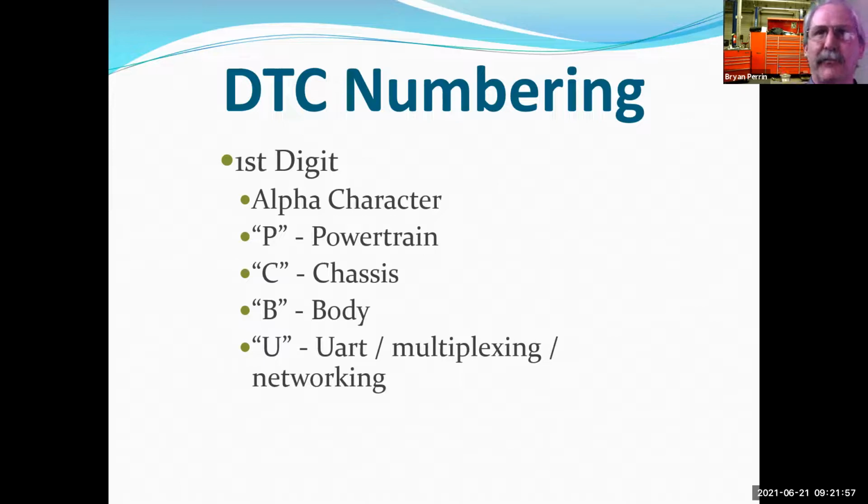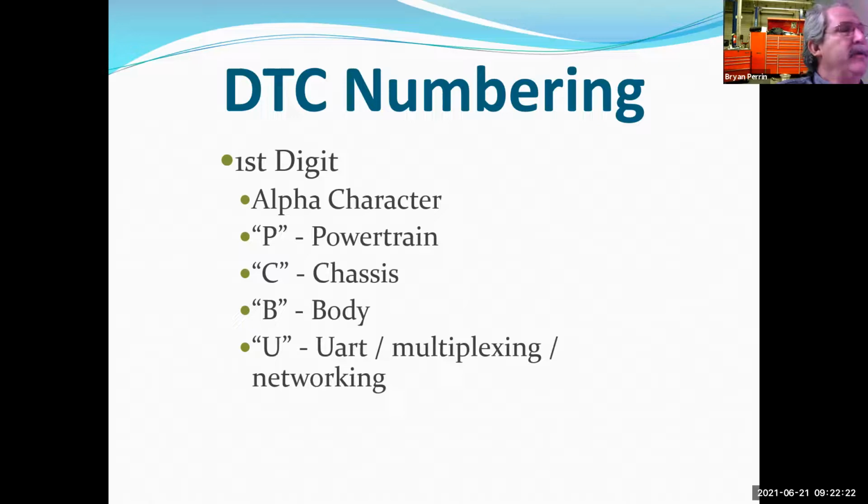Powertrain. On the other hand, chassis codes, that's going to be my ABS system, suspension system. Body codes, my radio, my climate control, airbag system, body. Anyone can set network codes because everyone's on the network.